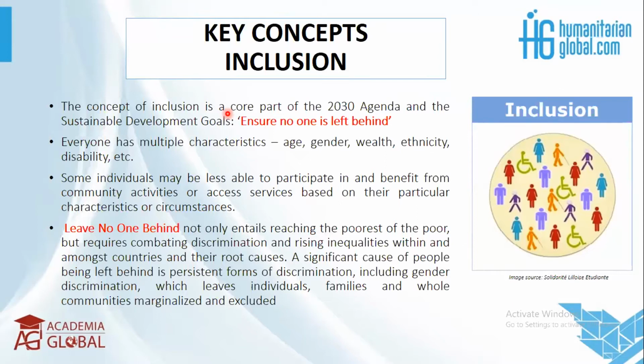So it has to encompass all individuals to ensure that no one is left behind. The concept of leaving no one behind not only entails reaching the poorest of the poor, but it requires combating discrimination and rising inequalities, not just within communities, but also within regions and countries.